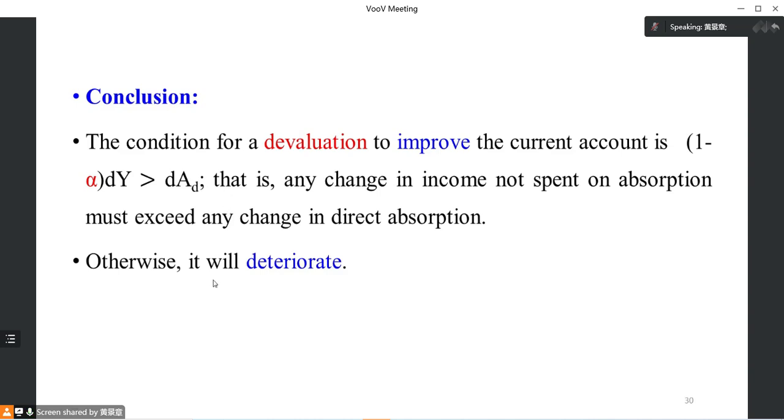Otherwise, it will deteriorate, or in other words, it will be worse. Deteriorate means to be worse.